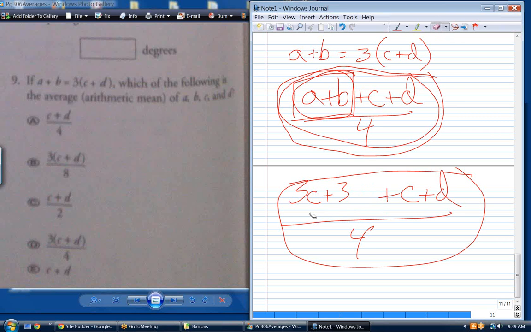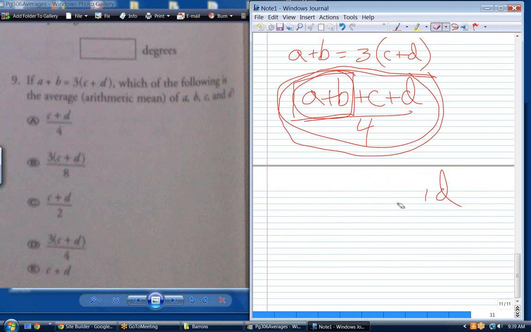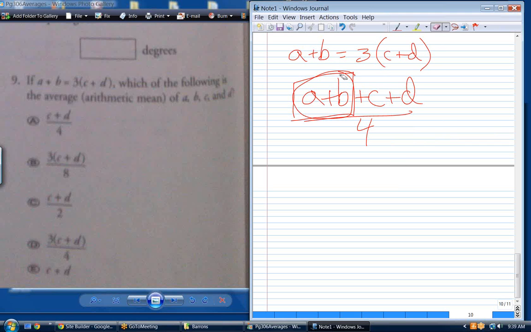So in this problem, it was very necessary to look at their answers. In other words, had this not been multiple choice, we would have had a bunch of ways to express it. I could have actually just expressed it like this, although they probably would have said, what does this arithmetic mean in terms of C and D?